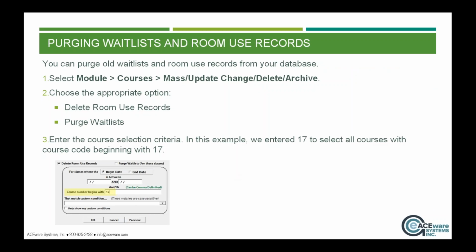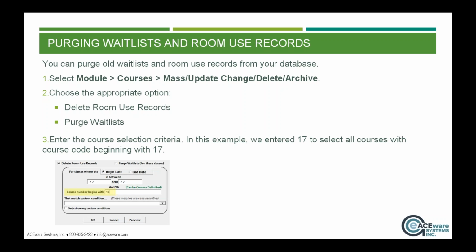All right. Another area in your cleanup, waitlist and room use records. Some people, and this is kind of an internal thing in each organization, say, wait a minute, I want these room use records for historical purposes. There's really not a good reason to keep old room use records. Similarly with waitlist.